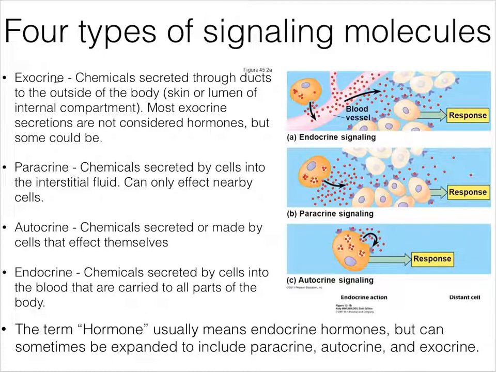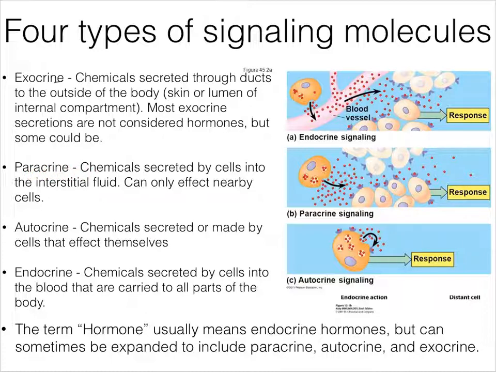Not technically inside of cells of your body, but certainly they're affecting something that your body is doing. So, under certain circumstances, they might be considered not true hormones, but sort of hormone-ish. An important distinction to keep in mind is that all exocrine glands secrete through a duct to the outside of the body. So they're all ducted glands.